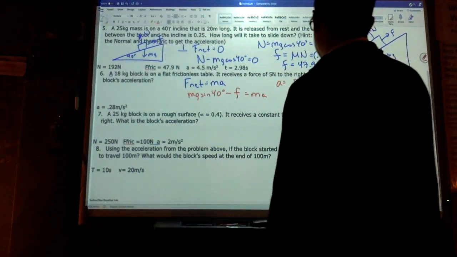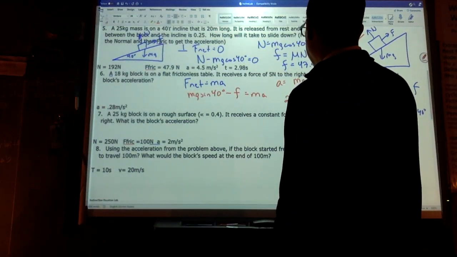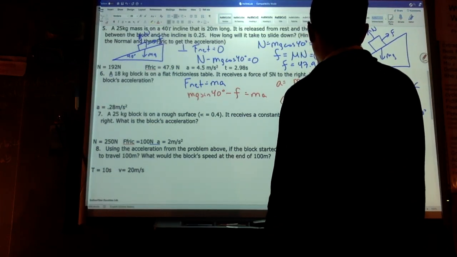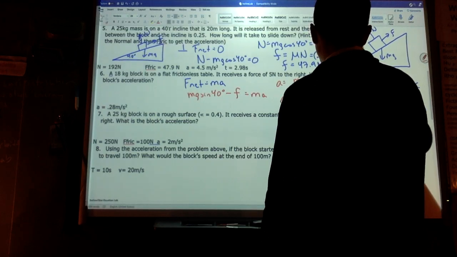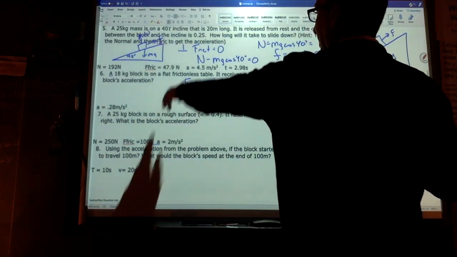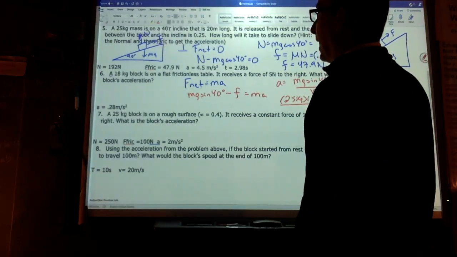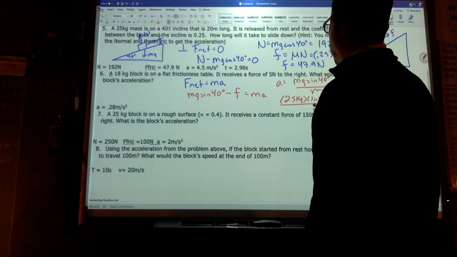So I'm going to plug in what I have. I'm going to have 25 times 10 times sine of 40 minus the 47.9 divided by the 25.